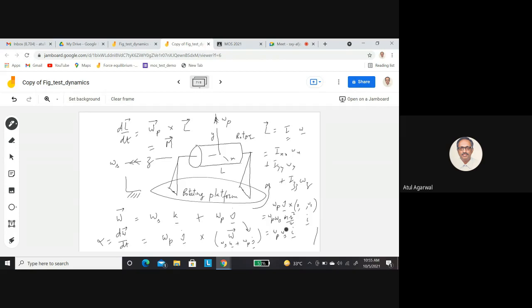So this is your term dL by dt. This is what I calculated: omega p cross L. So this is about the i axis, so you are expecting a moment about the i axis. If you have reactions like this, these are your reactions, and you see your reaction is vertical.